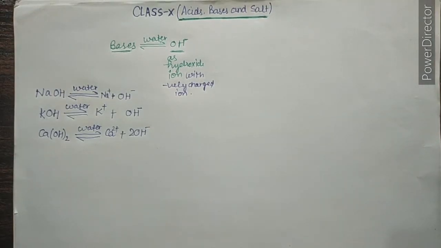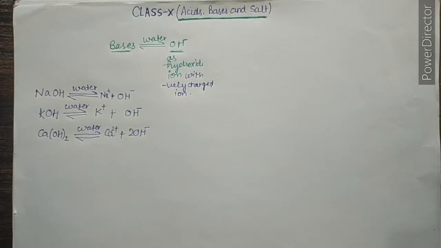Or a base may be defined as an oxide or hydroxide of a metal, or aqueous ammonia, that is NH4OH, which reacts with H positive or hydronium ion H3O positive of an acid to form salt and water only.